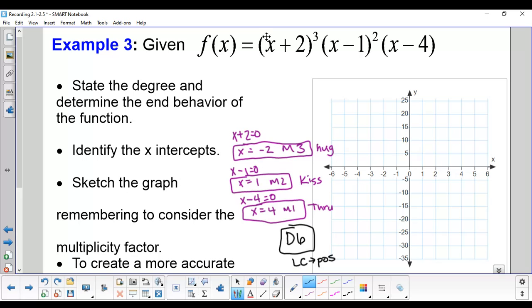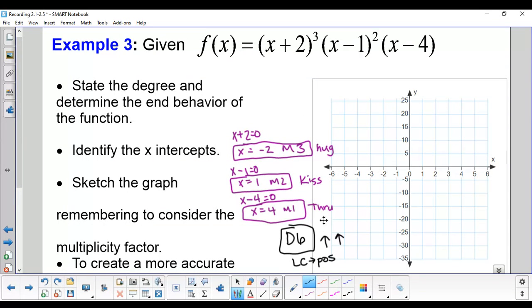I know this because there's no way for x to the 6th to become negative, as there's no constant being multiplied through that is negative. So therefore, it's impossible for it to become negative. Because it's an even degree and the leading coefficient is positive, I know my end behavior is going to end up positive, positive.